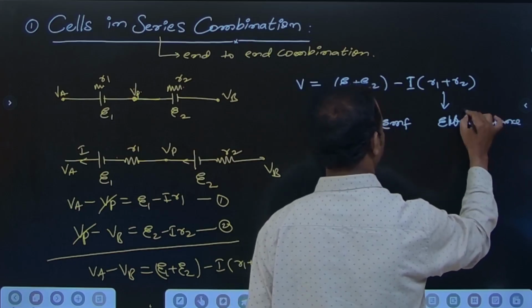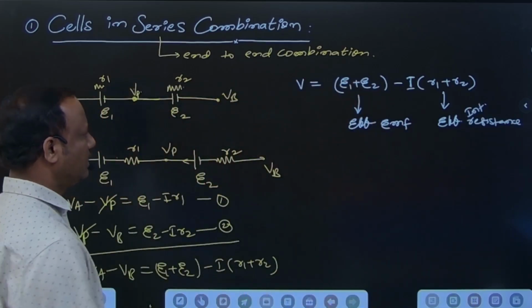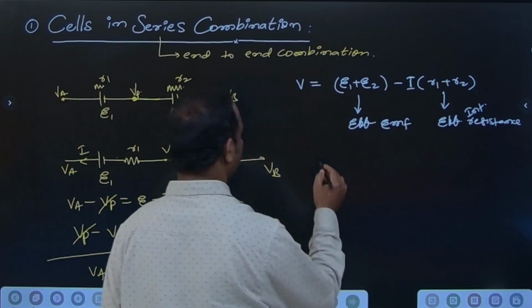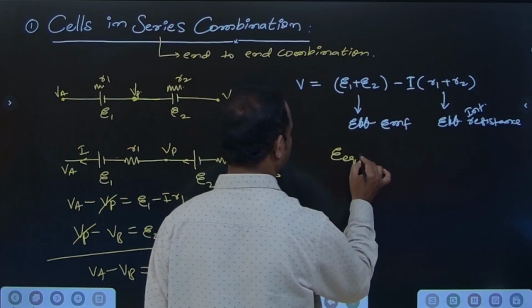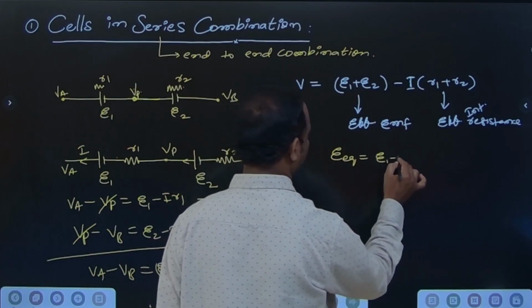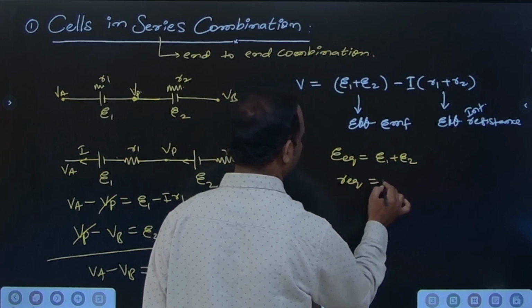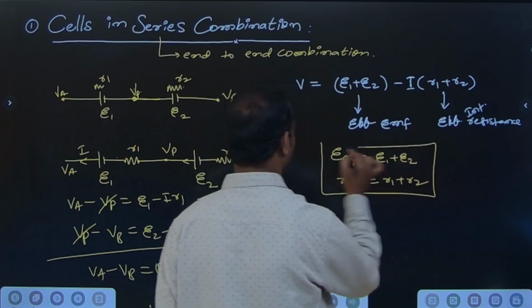Which resistance? Internal resistance. So effective internal resistance, otherwise we can say equivalent. So E equivalent is equal to E1 plus E2. Next, R equivalent is equal to R1 plus R2 is the relation.